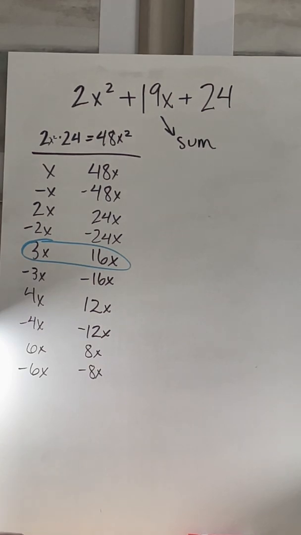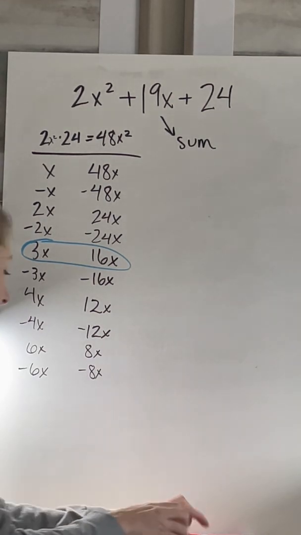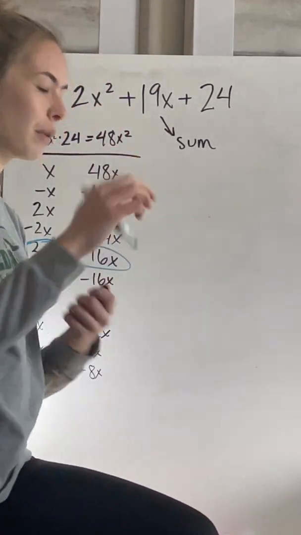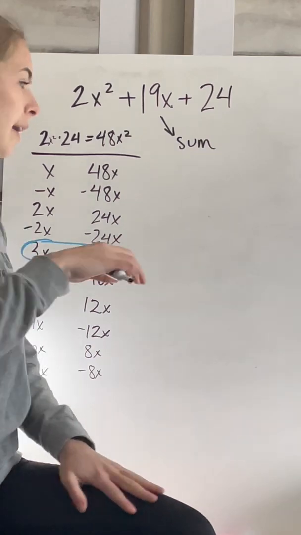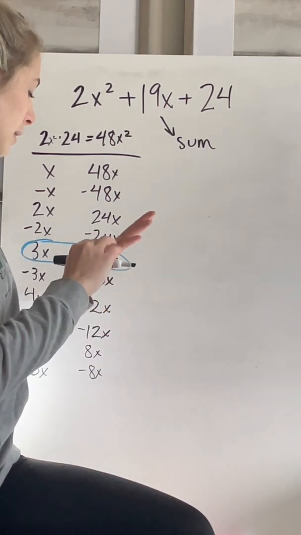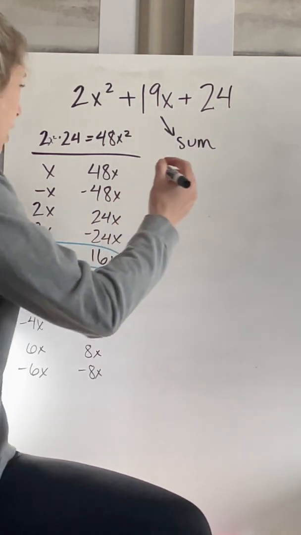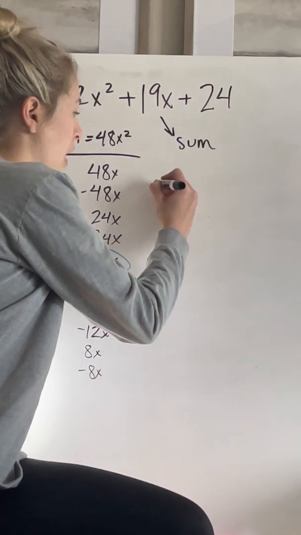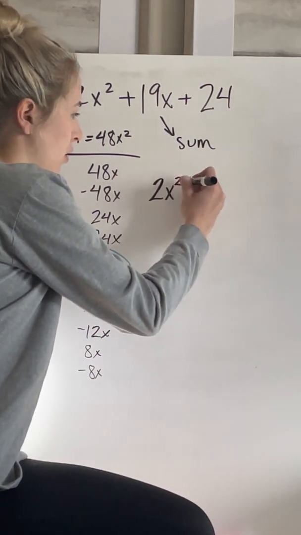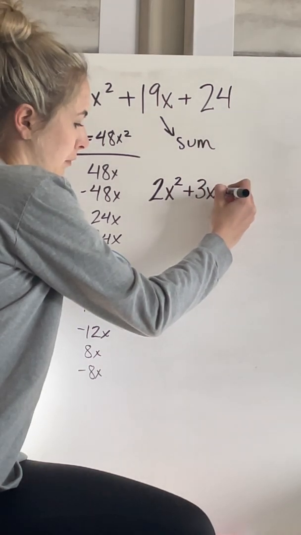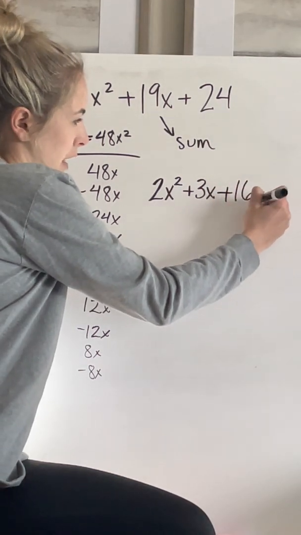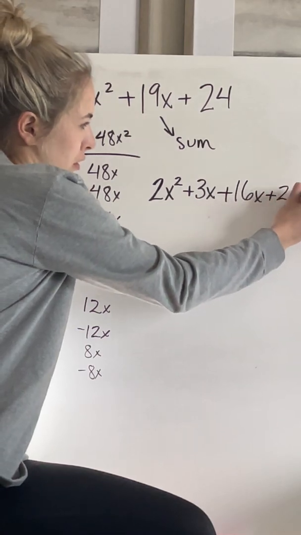So let's go ahead and use those to create our 4-term expression. And I'm not going to write a diamond because you don't need it. If you need it, go ahead and write it, but it's not helping us much. So our 4-term expression is going to be 2x squared plus 3x plus 16x plus 24.